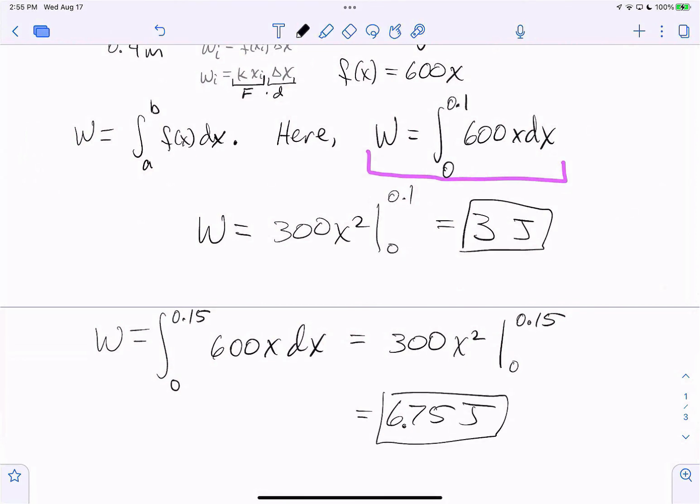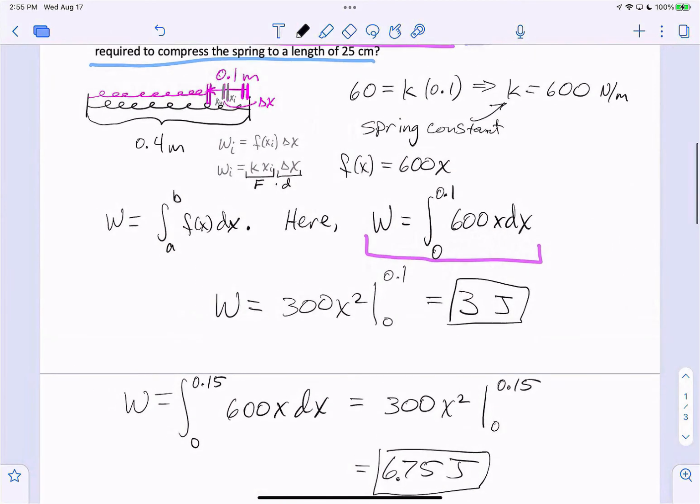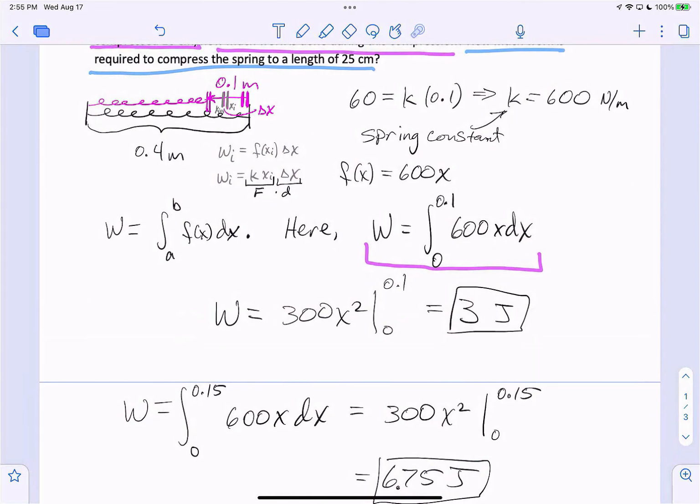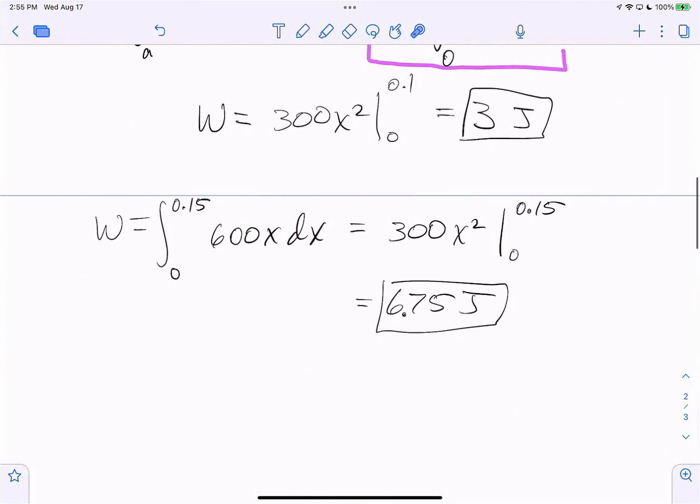Okay, but now let's think about this. This is kind of remarkable, so I'll remark on it. I know that was bad. Let me draw a different picture down here. We started out with a length of 40 centimeters, and the first problem said that to compress the spring by an amount 10 centimeters, so 0.1 meters, that was 3 joules.